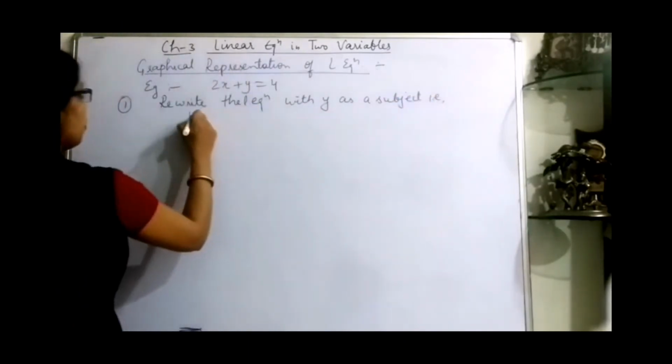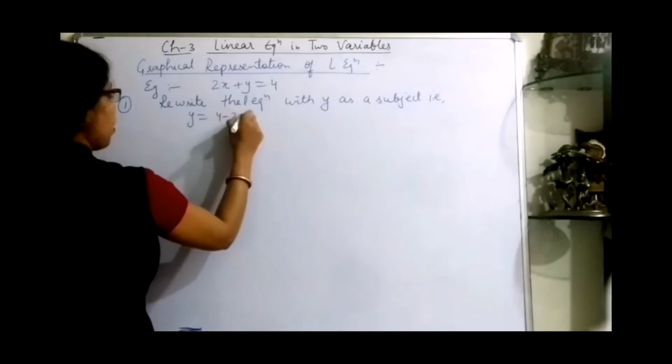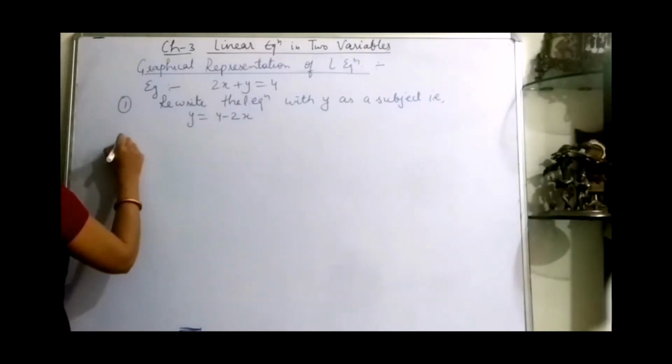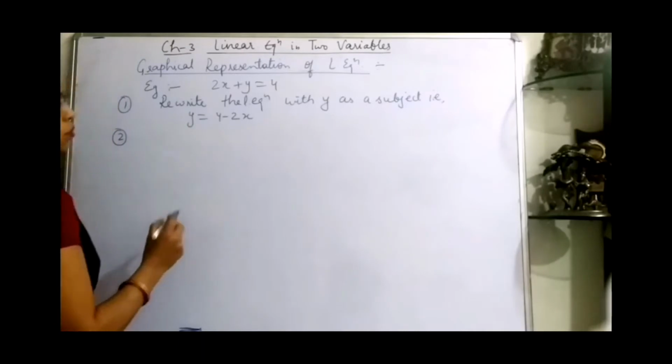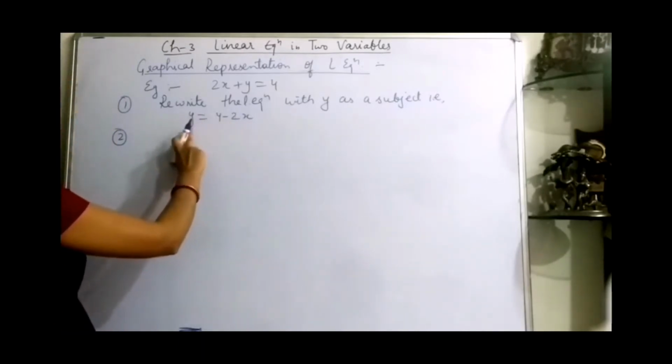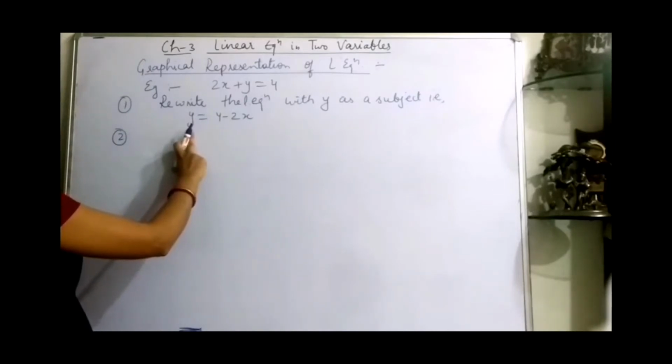That is y is equal to 4 minus 2x. You have to shift 2x to the right side, so it becomes y is equal to 4 minus 2x. Now second, select suitable values of x and find the value of y corresponding to each value of x.